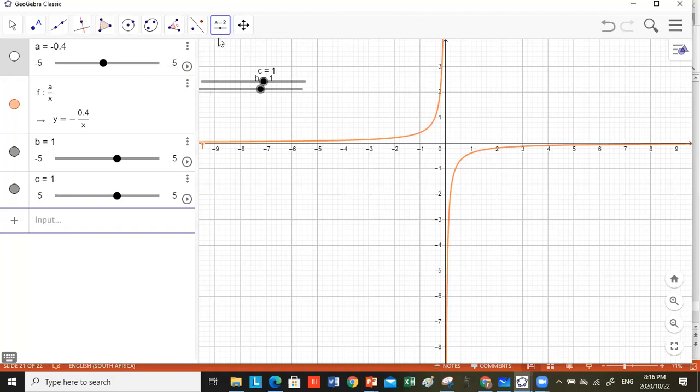You can get your GeoGebra free online. You can download it, then you'll be able to use it in that particular fashion. Well, I'm still not an expert on it, but I've just mastered these few things which I'm doing now. Okay, so that is important.